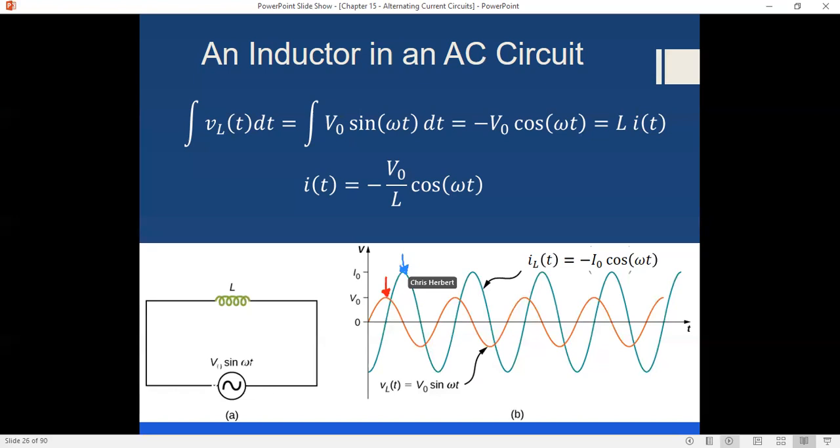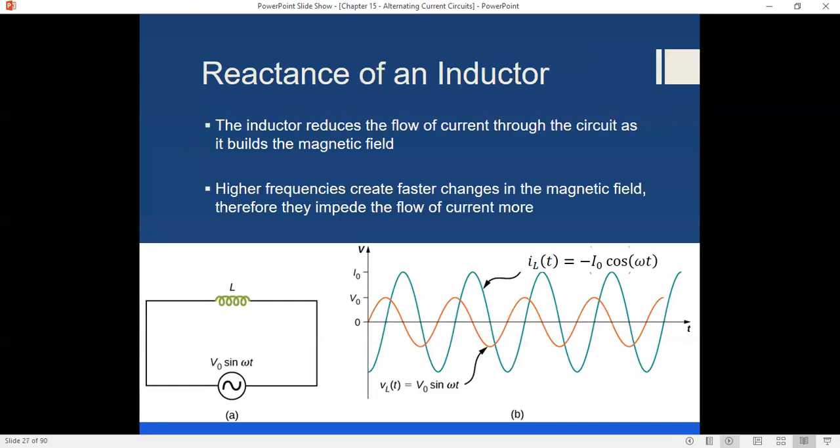So with the inductor, it's the exact opposite of what I had with the capacitor. The capacitor peaked here, 90 degrees ahead of the voltage. Now the current is going to be 90 degrees behind the voltage.